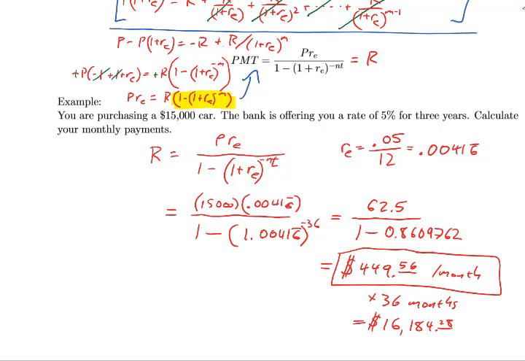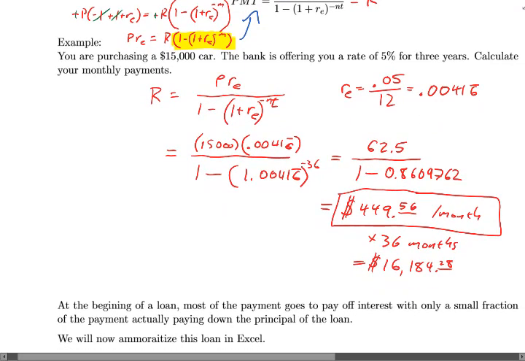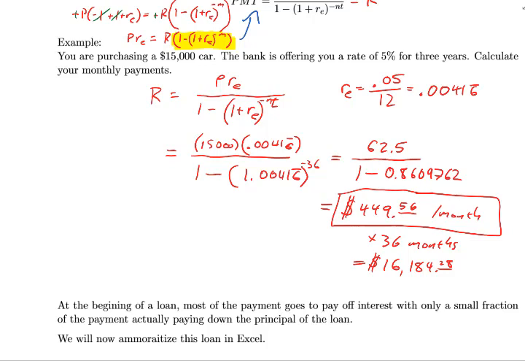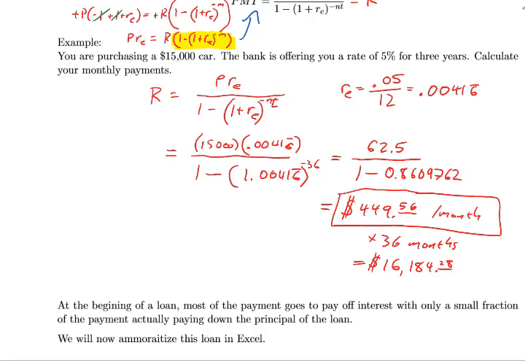And so that is the cost of getting money before we actually have it. Now, it's worth noting that early on when you're making payments, most of those payments go towards paying the interest as opposed to paying the principal. So let's go ahead and explore this a little bit by amortizing the loan as promised in Excel.